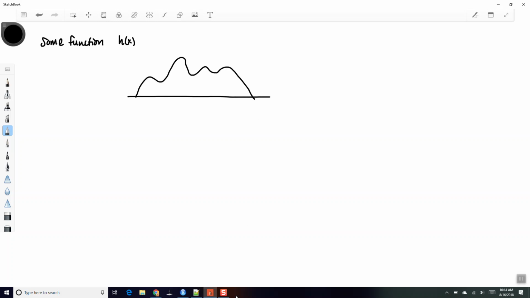All right, so let's say you have some function h of x, which looks like this, or something like that, right? And this goes from a to b, okay? So we can say the integral I is equal to the integral from a to b of h of x dx, okay?